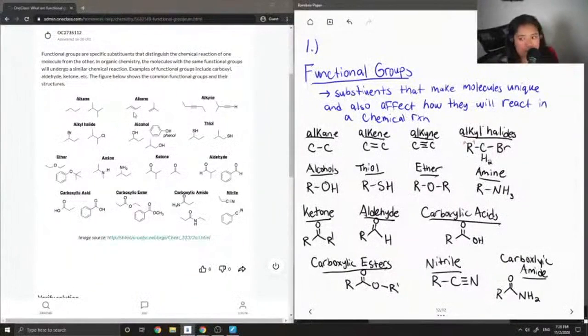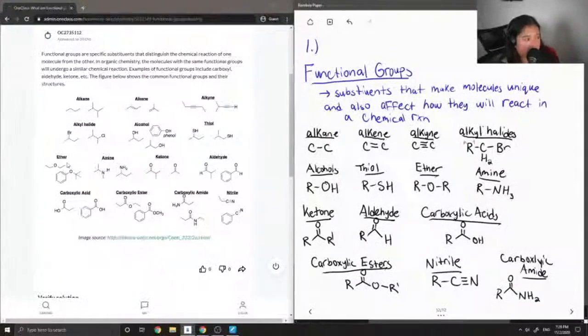Okay, so you can just see a more detailed version of what I tried to show. They have examples of alkanes, alkenes, and how you can have a double bond at the end there, not just in the middle. Alkynes can be in the middle or at the end. Alkyl halides, they showed both bromine and chlorine as an example.